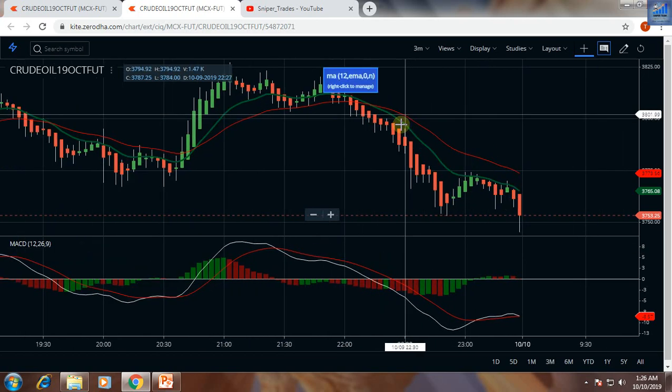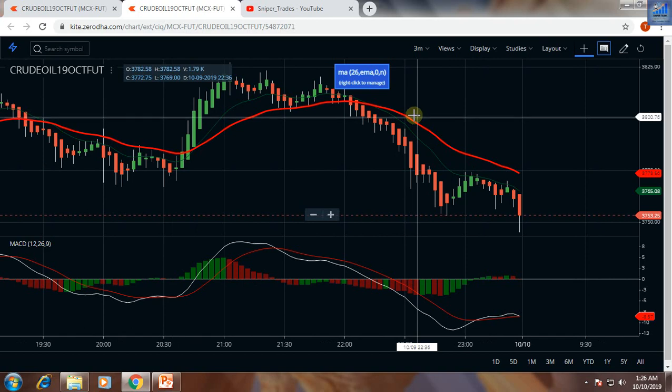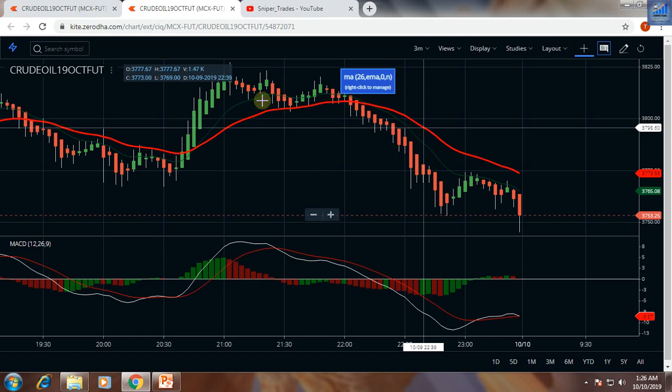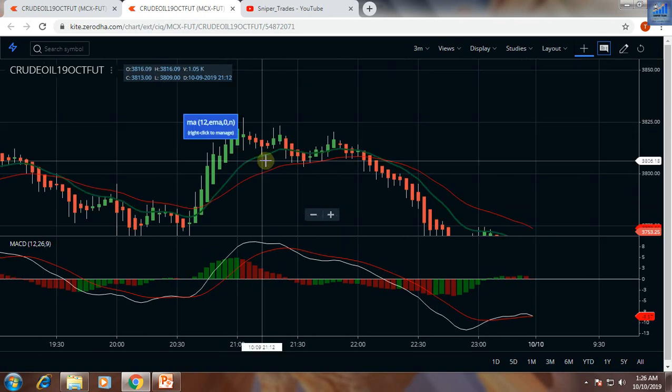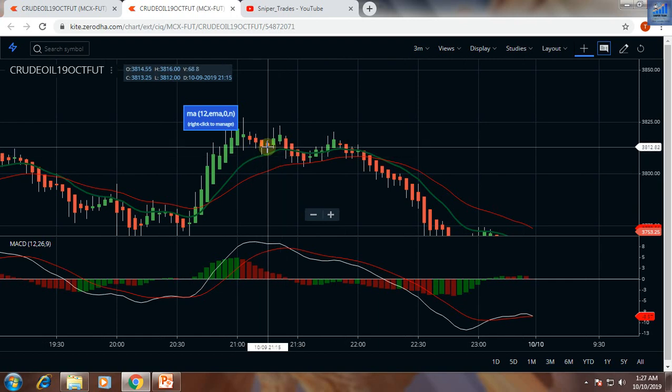So as we can see, this red line is called the slower period exponential moving average. It is the 26 period exponential moving average, and this green line is called the faster period moving average, or 12 period exponential moving average.